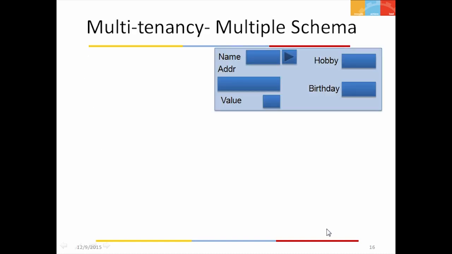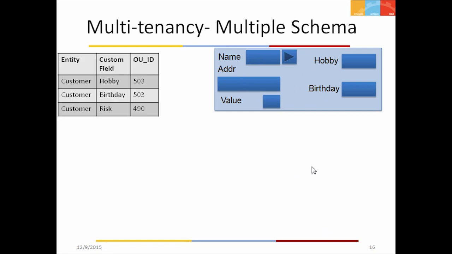Let's look at the same example again. Name, address, value, hobby and birthday. So this is the OUID and these are the custom fields: hobby, birthday and risk.